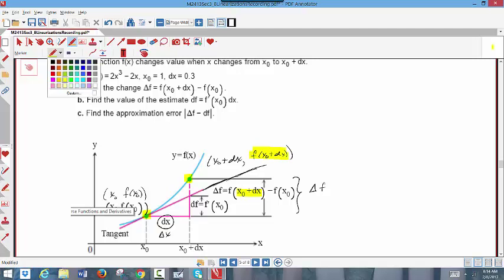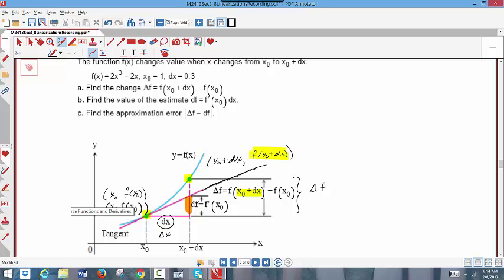And then they say this small amount, boy, it's hard to get the highlighter in the right place. This little distance here, they refer to as df. And it is f of x of 0.